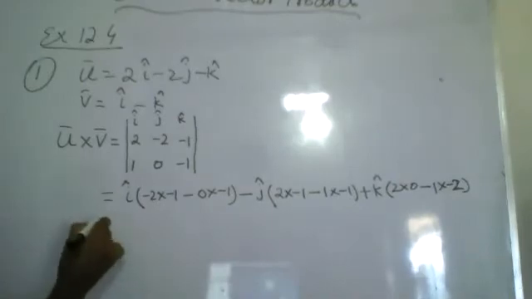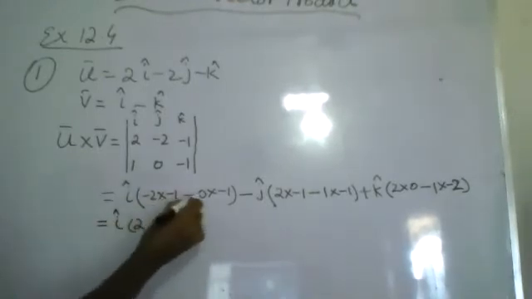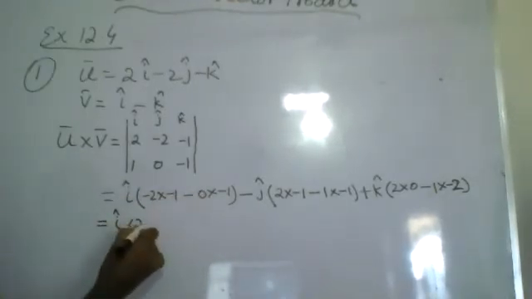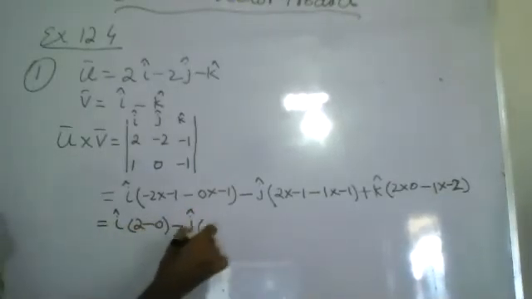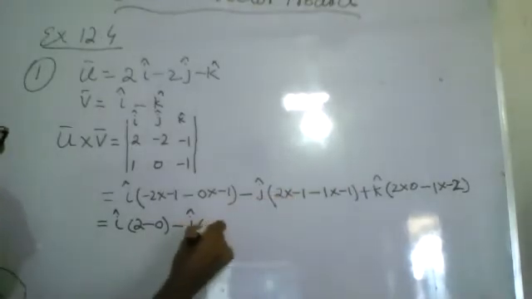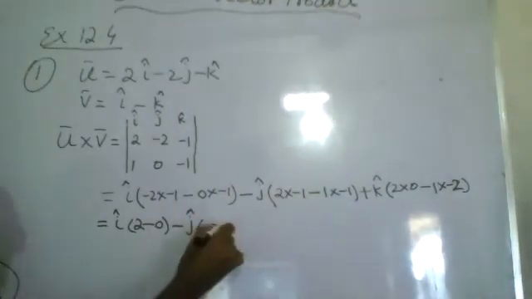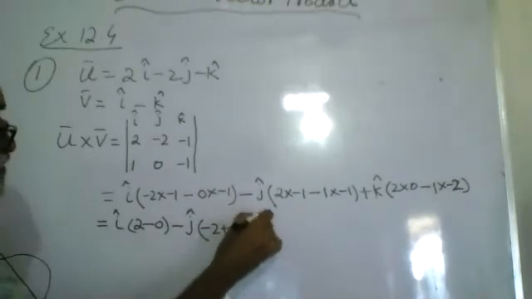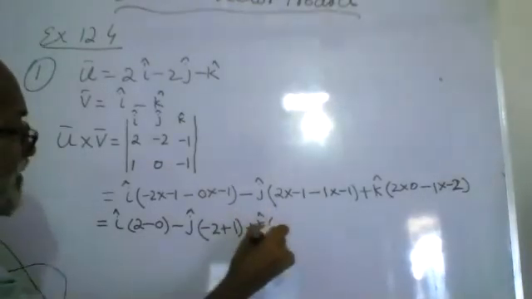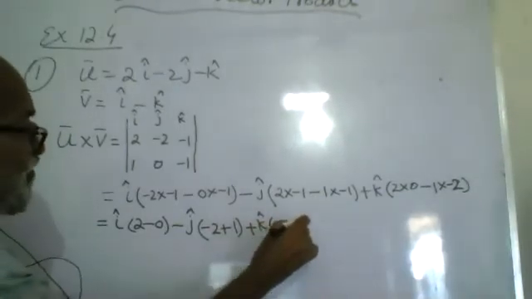Now we simplify. I in the bracket: minus 2 into minus 1 will be 2, plus 2, 0 into minus 1 will be 0, so minus 0. Minus j: 2 into minus 1 will be minus 2, minus 1 into minus 1 will be plus 1. Then plus k: 2 into 0 will be 0, minus 1 into minus 2 will be plus 2.